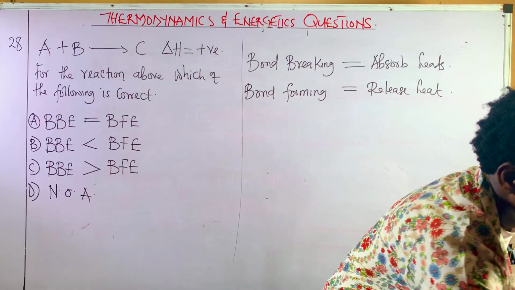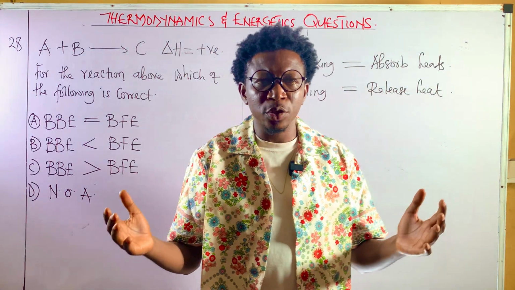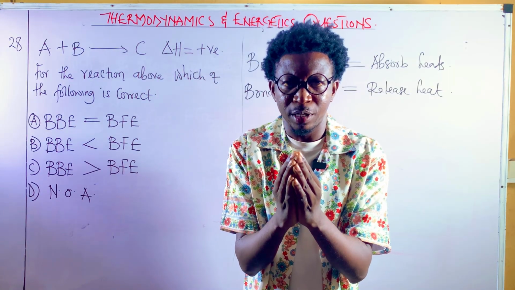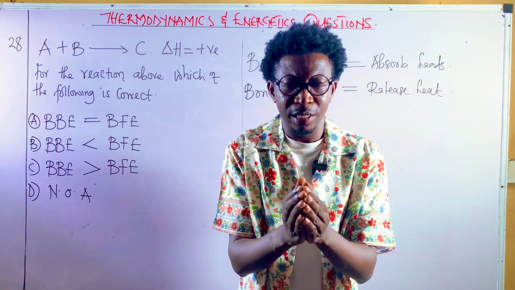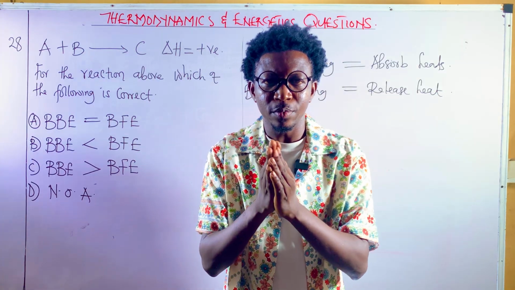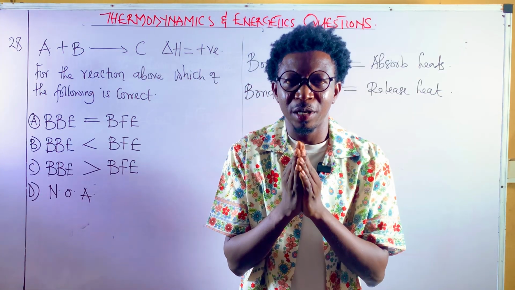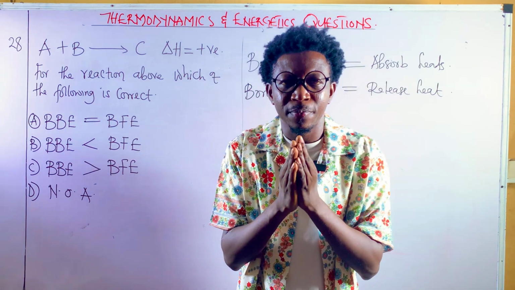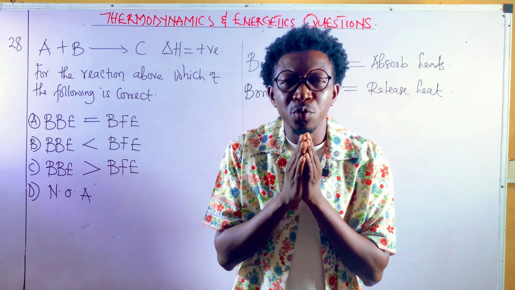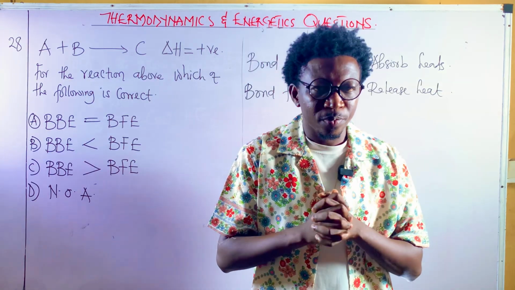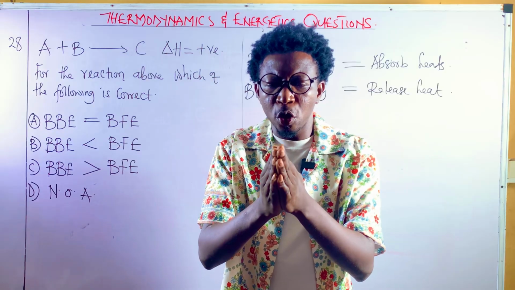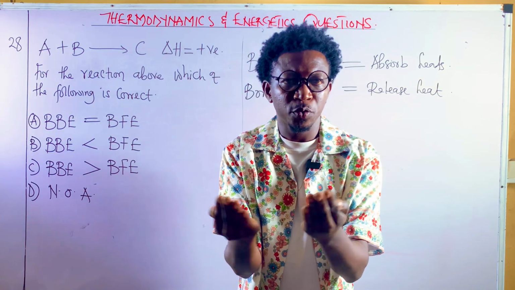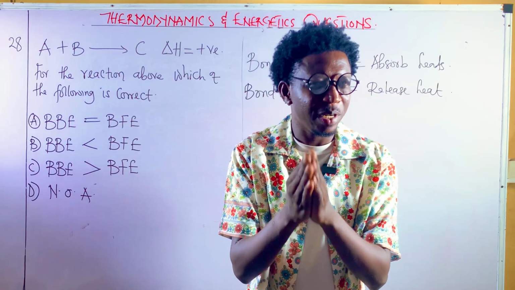Whenever you are bonding substances, heat is usually released. Let's try it. Try to clap your hands together. You will feel wind coming out. So that shows that whenever two substances join together, heat is usually released. But to open the substance, heat is absorbed. To break it, heat is absorbed. To join it, heat is released.